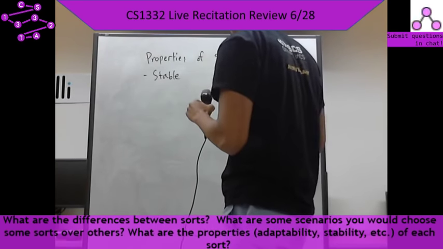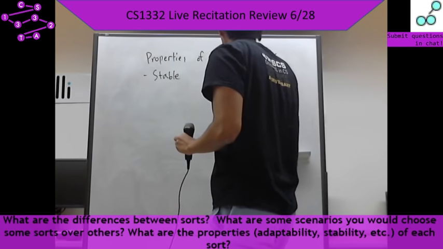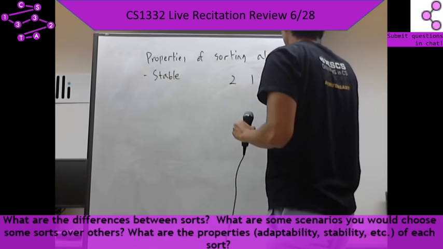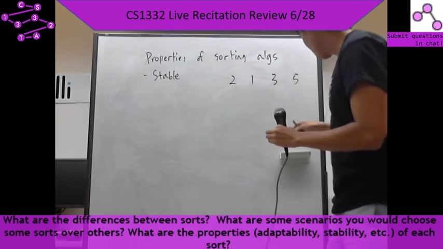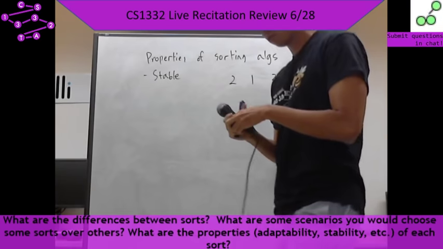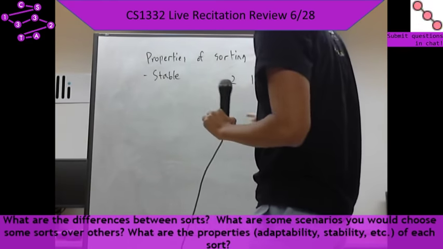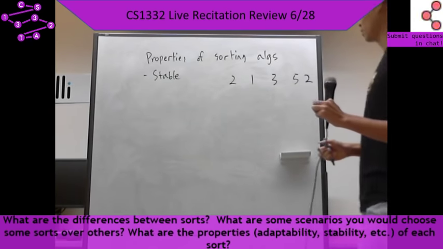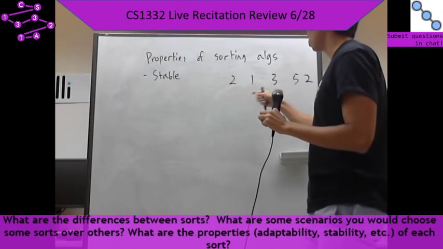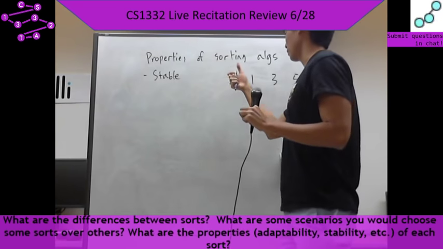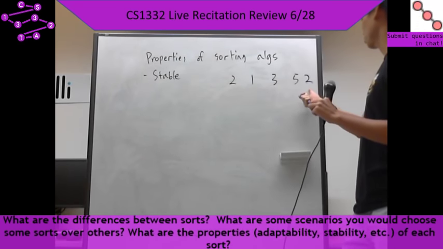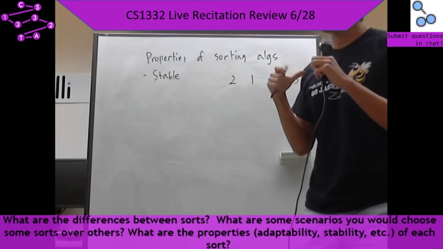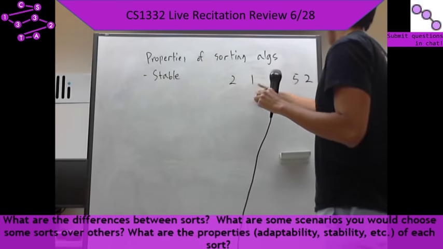if I have an array like 2, 1, 3, 5, and 2. You see that I have two 2s, so the black 2 in the front and the purple 2 at the back. After the sorting takes place, the black 2 should remain before the purple 2.